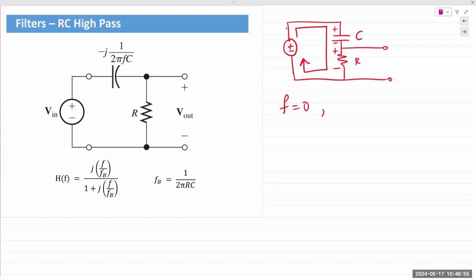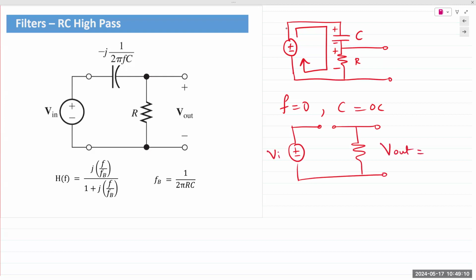At low frequencies, capacitor again behaves like an open circuit. So you have V in and V out. And at high frequencies, it behaves like a short circuit.